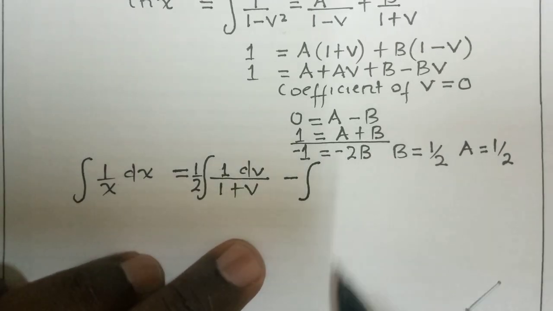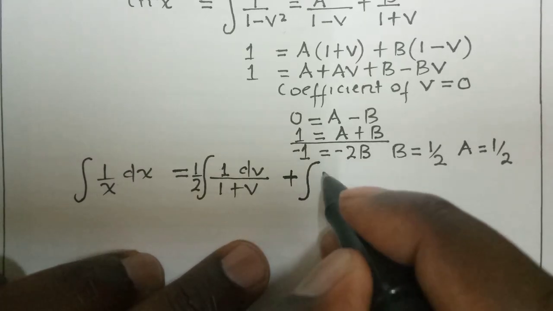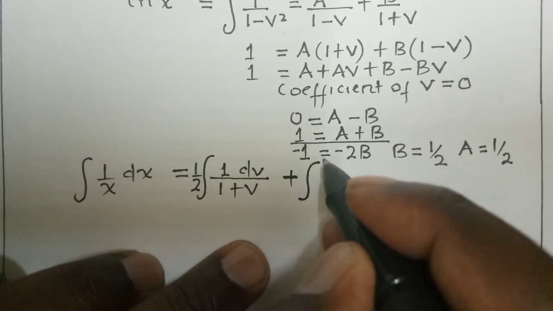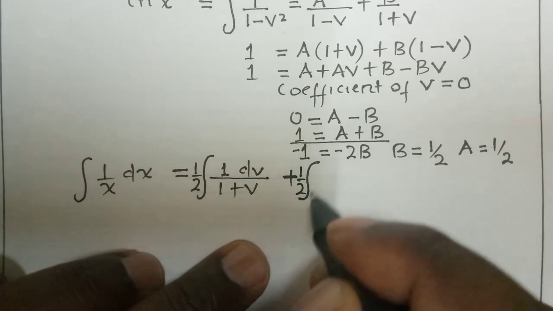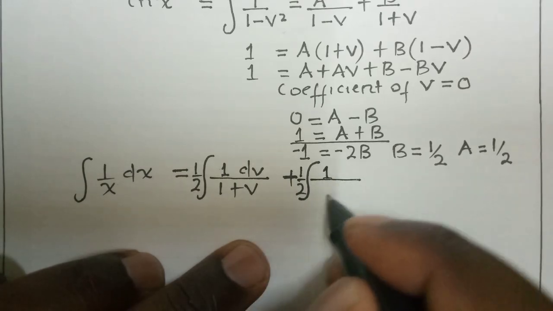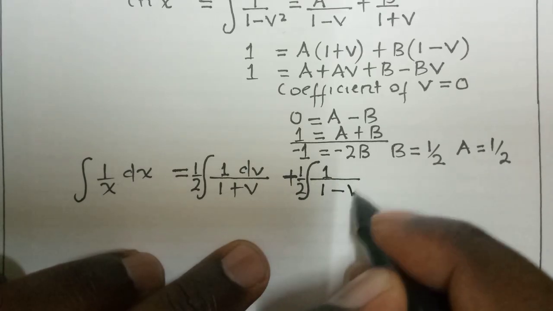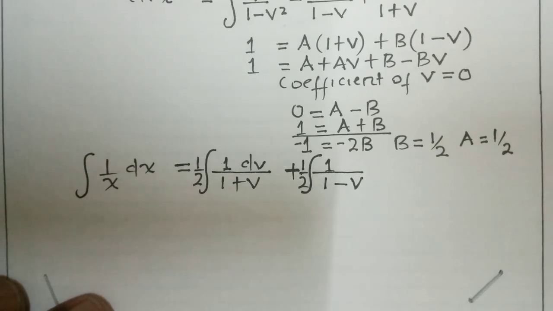Not minus, but plus. Like that. So this a is still a half. A is still going to be a half, 1 over 1 minus v. So now guys, we integrate everything like that.